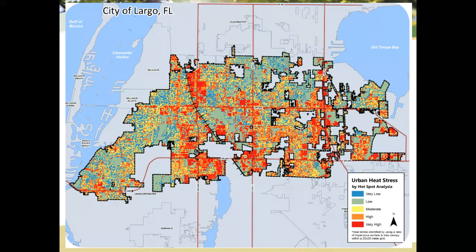This is becoming more and more popular in communities, the idea that we need this not only from an environmental component and a comfort level, but also from a public health standpoint. Every year people unfortunately pass away because of extreme heat in urban areas. And we can look at that as it relates to the tree canopy as well.